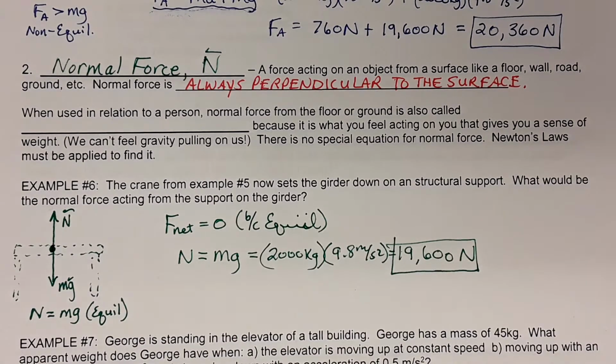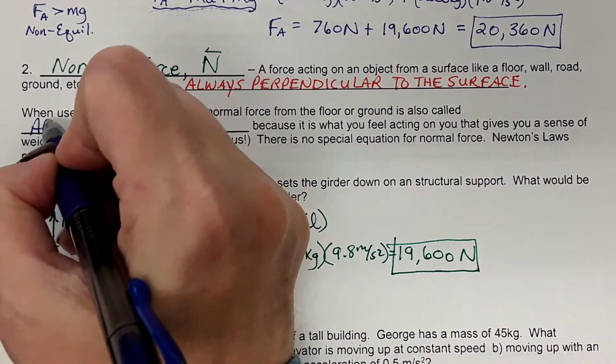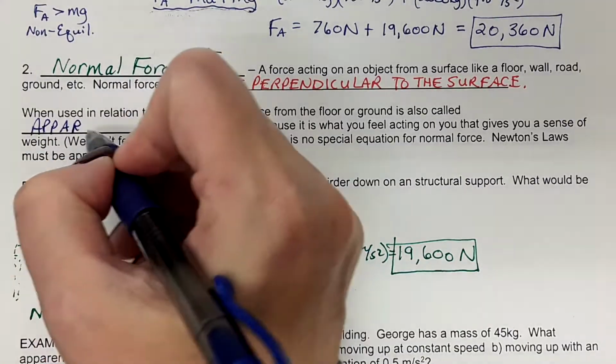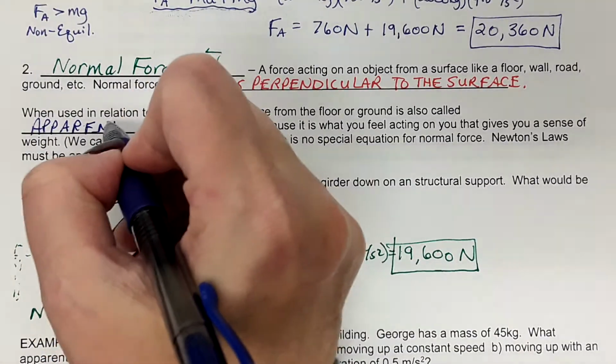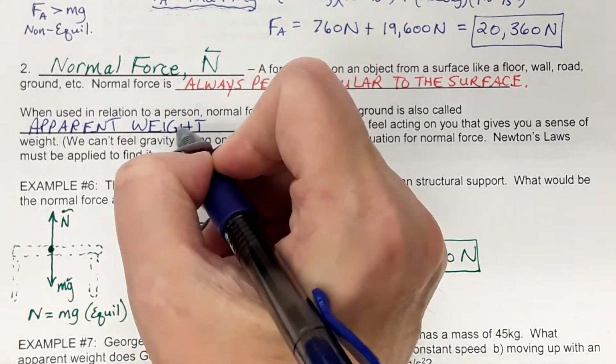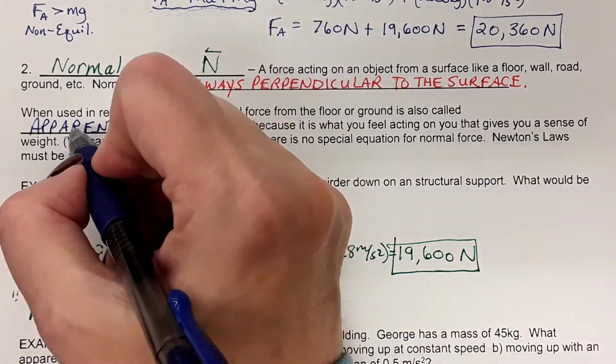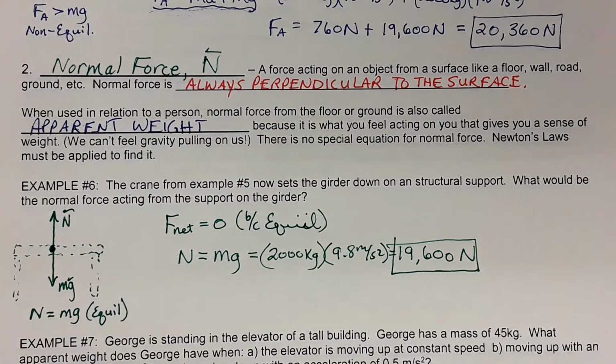Normal force is also called apparent weight. Now, if you think about the term apparent, apparent means seems like or acts like. So apparent weight seems like your weight, but it's not.